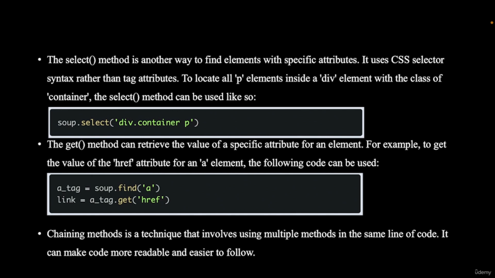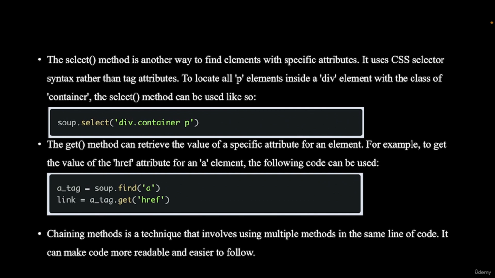The get method is the other one, which is used to retrieve the value of a specific attribute for an element, for instance the value of the href attribute for an a element, and all this can be chained together, a builder method of some sort.